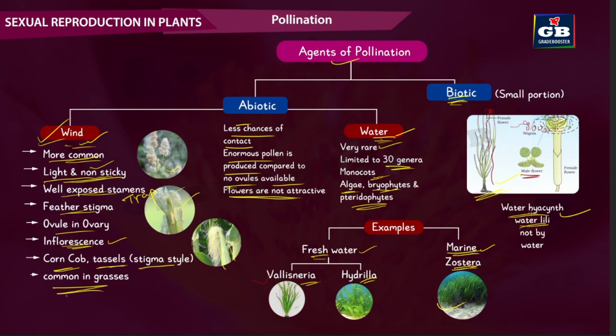In some cases, the pollination will be done inside the water. The female flower will be inside the water, and even the male flower, the pollen grains, are also released inside the water. In such cases, there is a chance for the pollen grains to get wet.